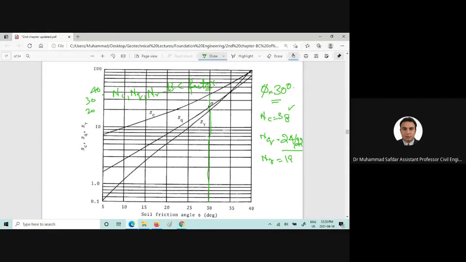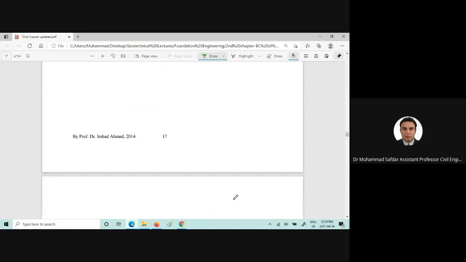For N_q, it's 22 to 24. I'm okay with these two values if you're using them in the bearing capacity equations. Now the third one would be approximately 19 to 20. Good. Excellent.